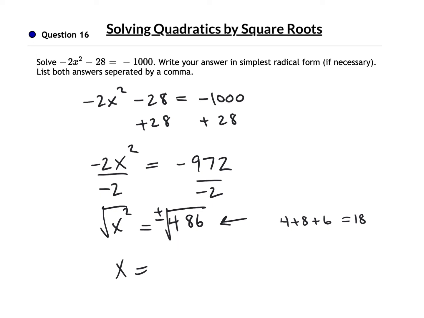I divided 486 by 81. I got 81 times 6. The square root of 81 is 9. That goes in front of the root. Plus or minus 9. Left underneath the root is still a 6. Plus or minus 9 root 6. We'll write that as two answers. Positive 9 root 6 and negative 9 root 6.